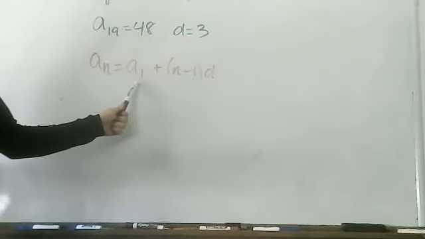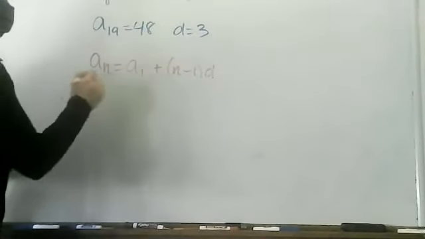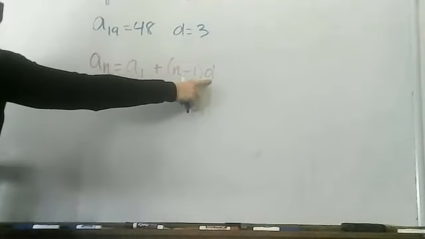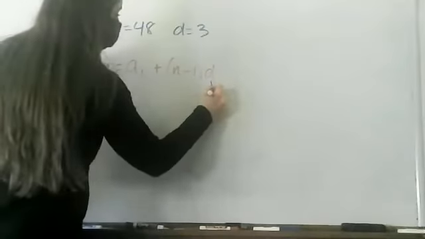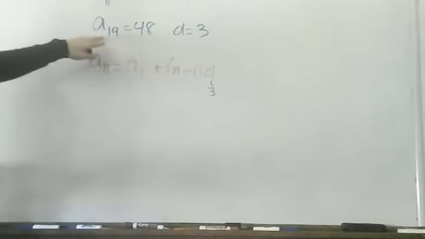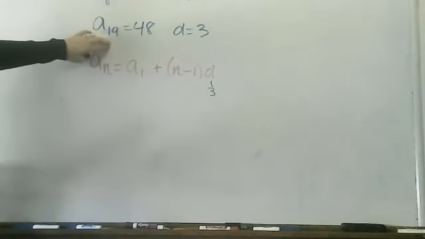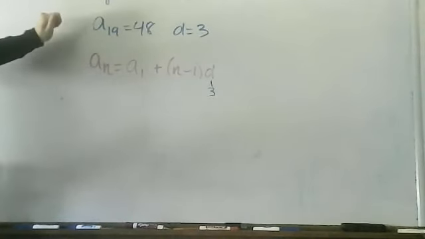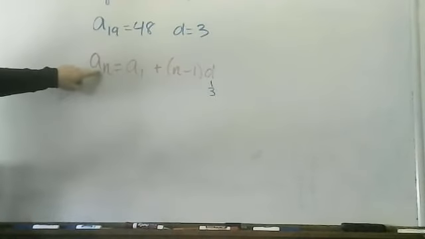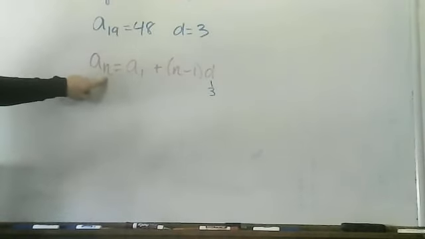What things do I know? Do I know my first term? Okay, don't know that. Do I know my D value? Okay, I know that's gonna be 3. What does A sub 19 give me? That'd be your A sub n. Very good, okay? So if I put A sub 19 in here, what does that actually equal numerically?